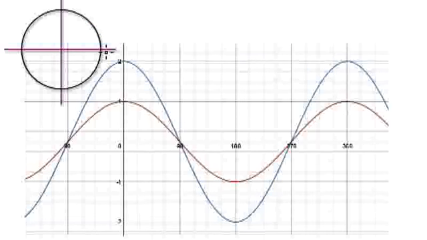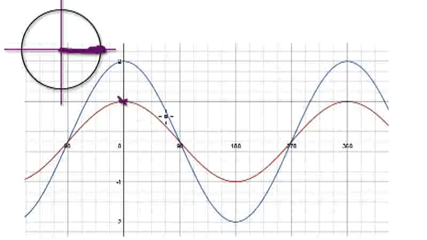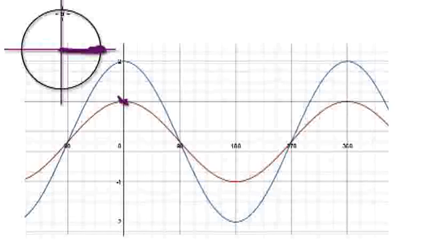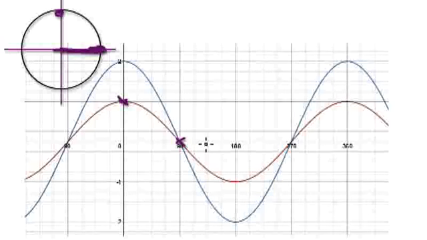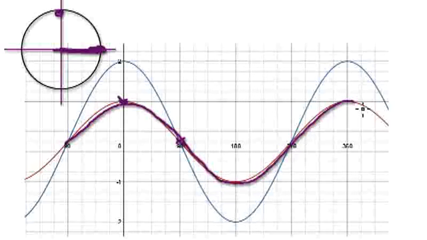So when the angle is at 0, the width here is 1, so cosine here is 1. When it's at 90 degrees, the width here is 0. Remember, we are looking at the red line because we are just talking about cosine of x.